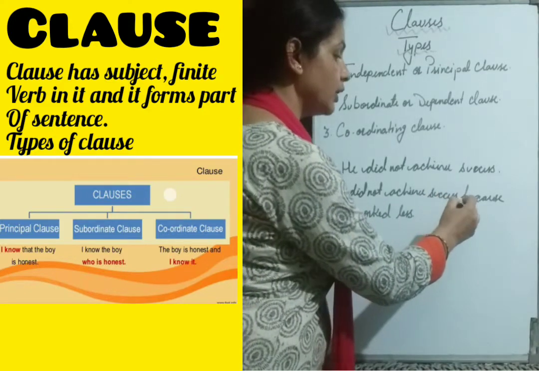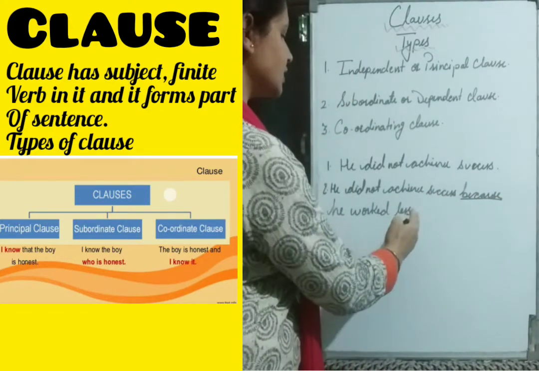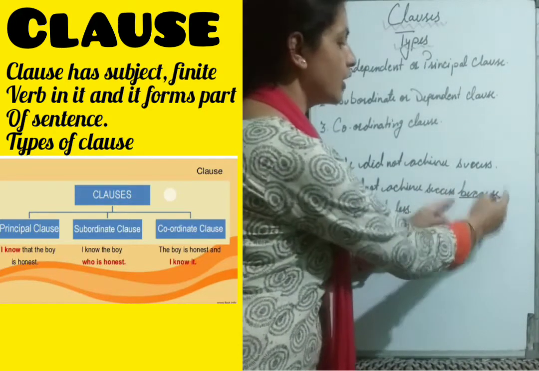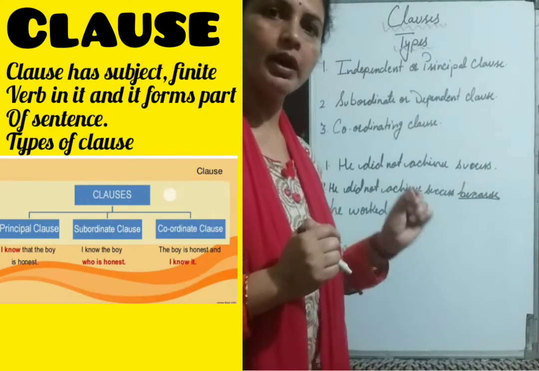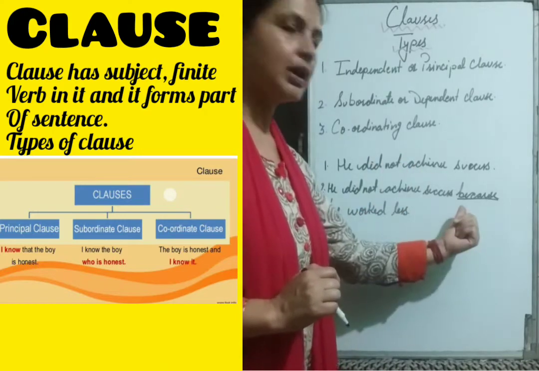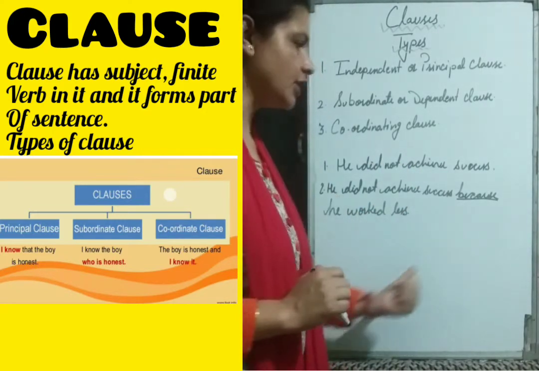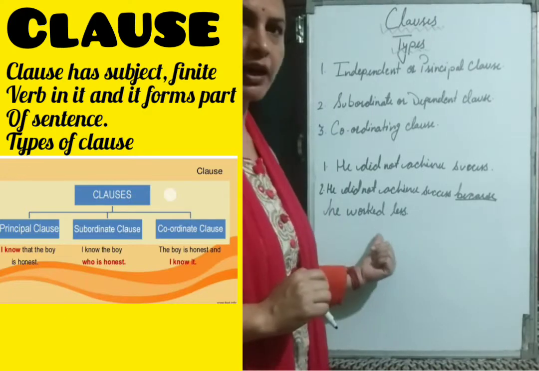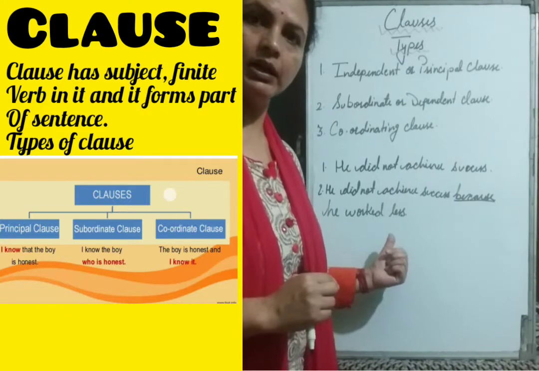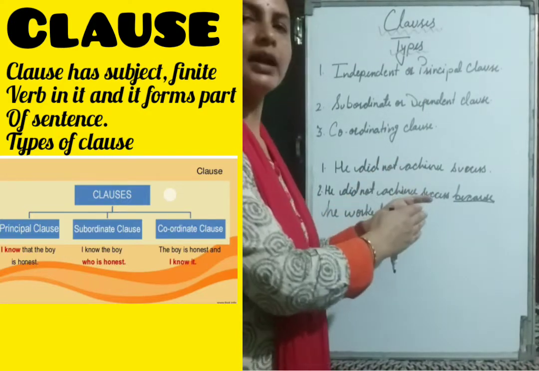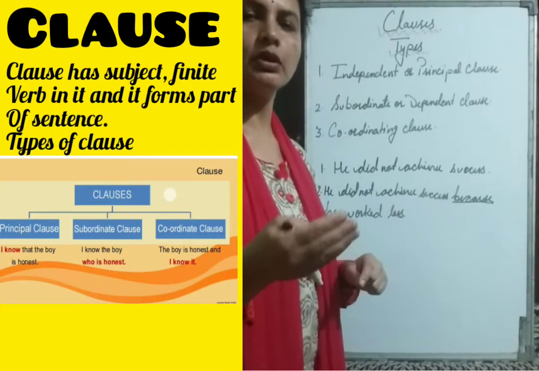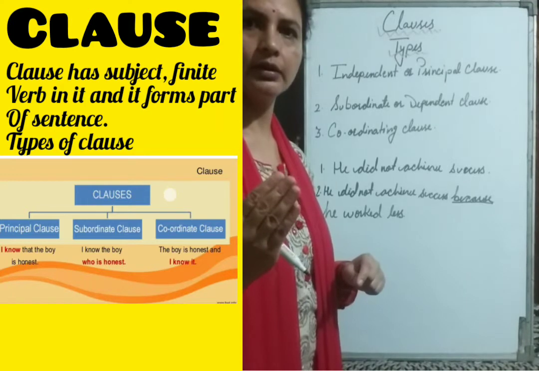See children, we have started the second clause, or we can say the subordinating clause, with a subordinating connector, and that's why it is called a subordinating clause. So because is a subordinating connector, and after that we have used a subject as well as a finite verb. So this we call a subordinating or dependent clause. These connectors we are going to discuss in detail in a coming video because you have a separate chapter on that.